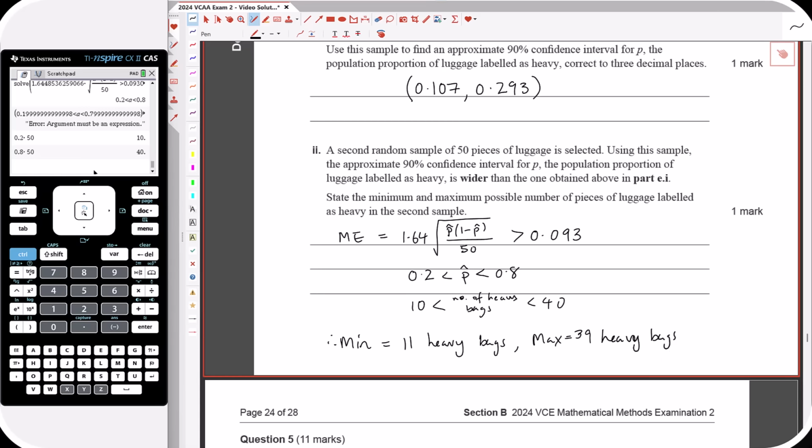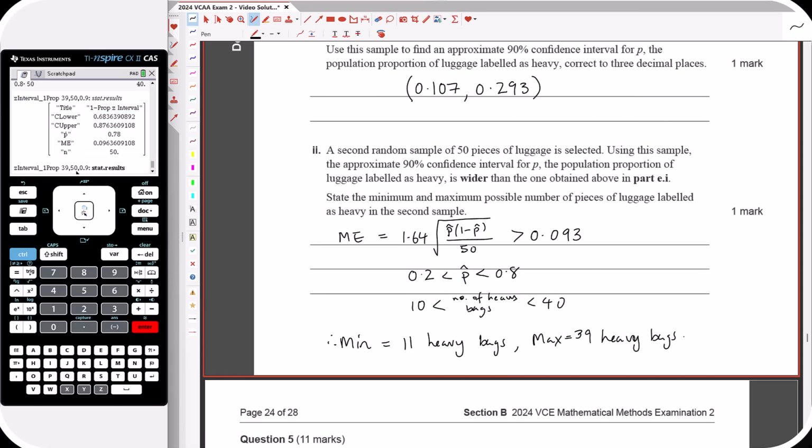And we already saw that when I made the number of successes 11, the confidence interval did get wider, so the margin of error got bigger. We could check that when the number of heavy bags is 39, that is still bigger than the original margin of error of 0.093.